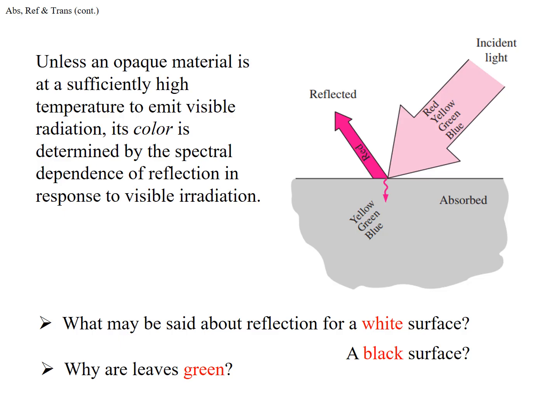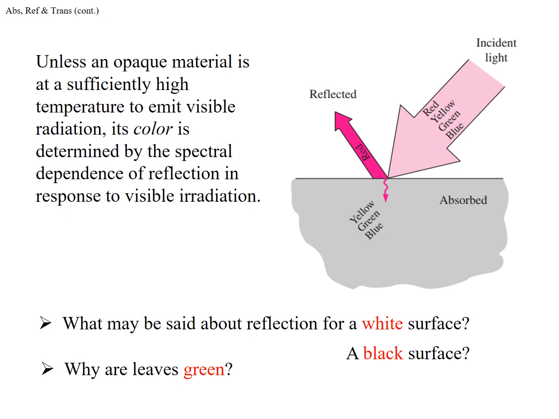But in most cases, if you see an object that is red and it's at normal room temperature, the reason that it appears red to you is not because of its temperature. It's because of the irradiation, or incident visible light, that occurs on its surface, and some of that irradiation is absorbed by the surface and some of it gets reflected.